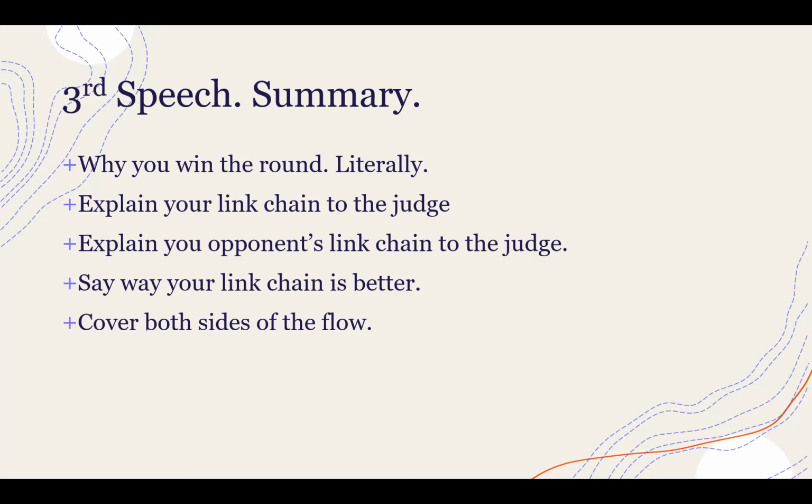And then you tell the judge, this is true, and this is very important, because if this is true, we can do this. For example, if eating bananas is true, then we can have better health. So that's where you tell the judge how and why you work. And then you also explain your opponent's link chain to the judge, and tell your judge why their link chain doesn't work.